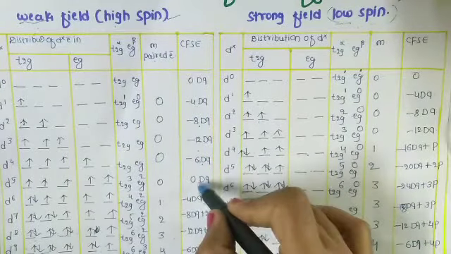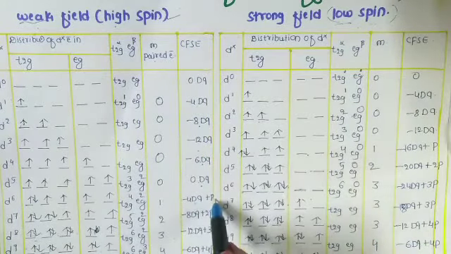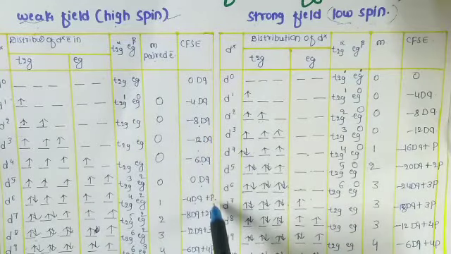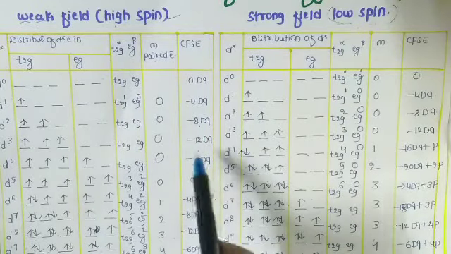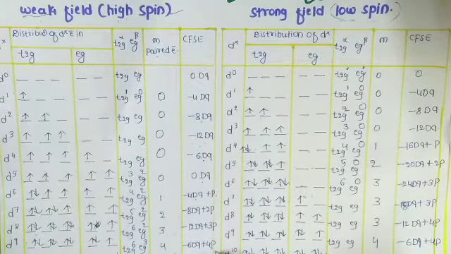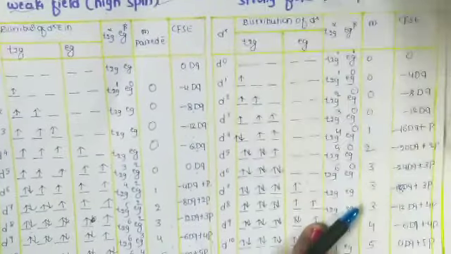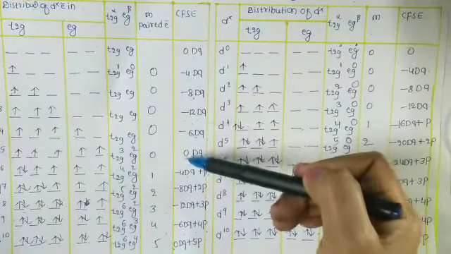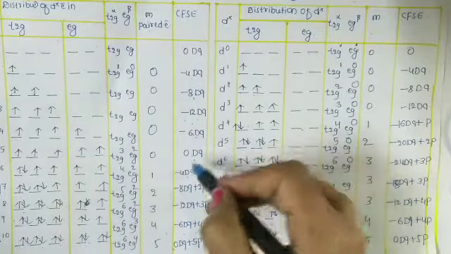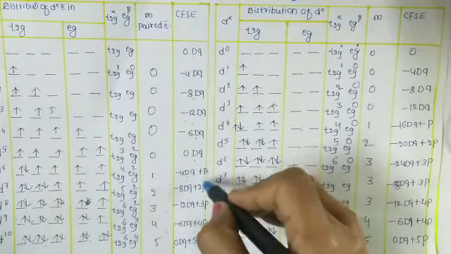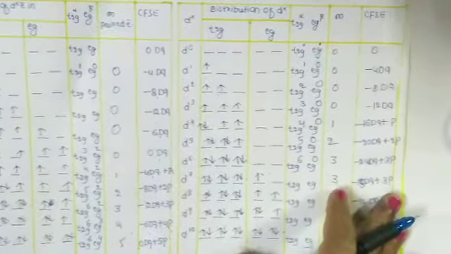Answer: 0, minus 4 Dq plus P, minus 8 Dq, here 8 Dq plus 2P, here minus 12 Dq plus 3P, minus 6 Dq plus 4P. Again, the last one is 0. So 4, 8, 12, 6, 0, and then from d6 to d10 you have to add a pair of electrons.